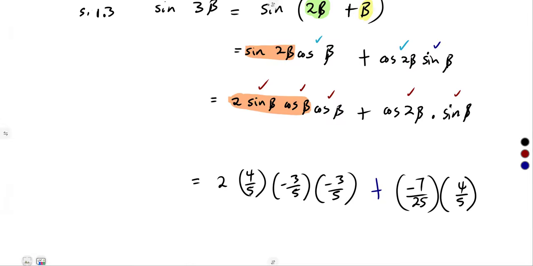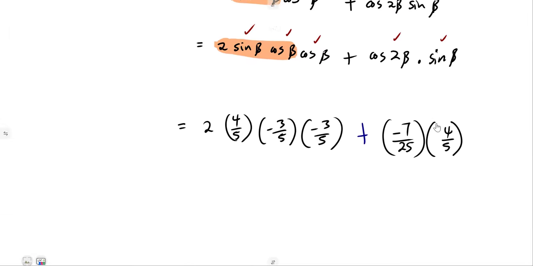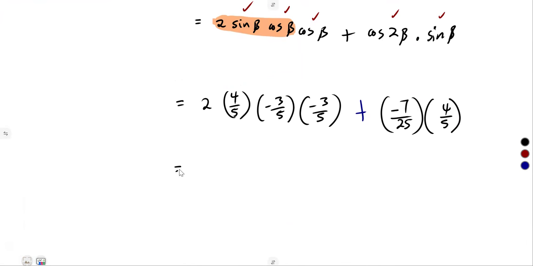So that is it. Without using a calculator, you can see that this is direct, you can multiply. But even if you use your calculator, there is no problem. Just multiply everything. That is going to give us 72 over 125. Plus and minus, that's a minus. 7 times 4 is 28, over 25 times 5, 125. Same concept as before.